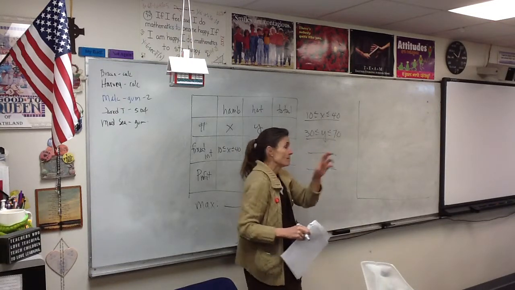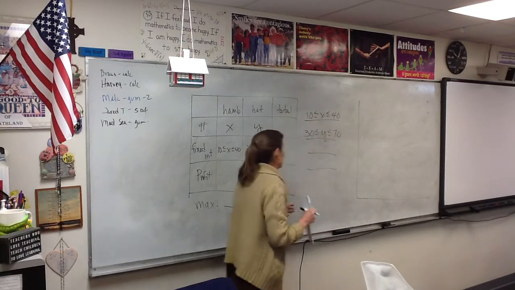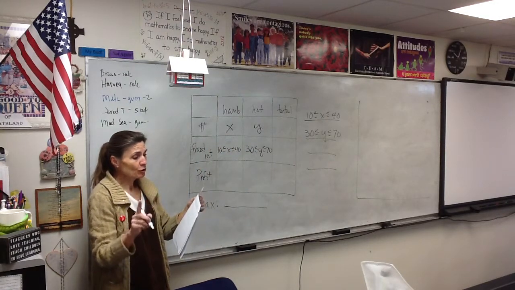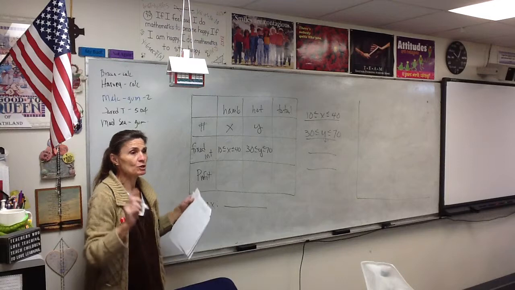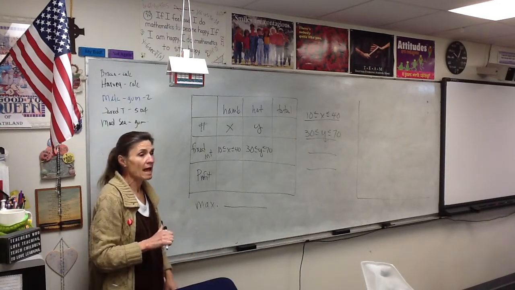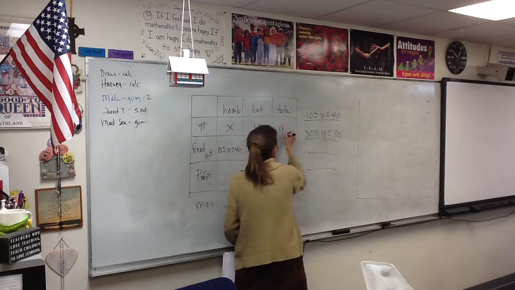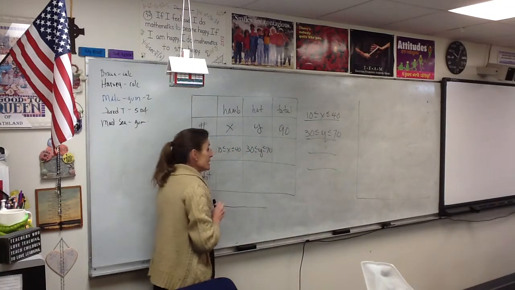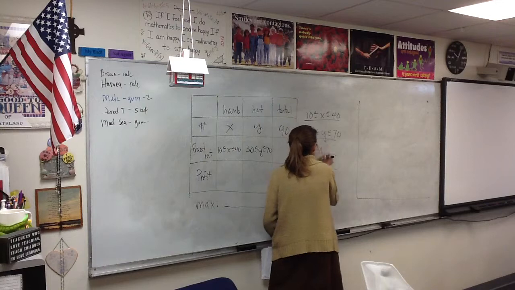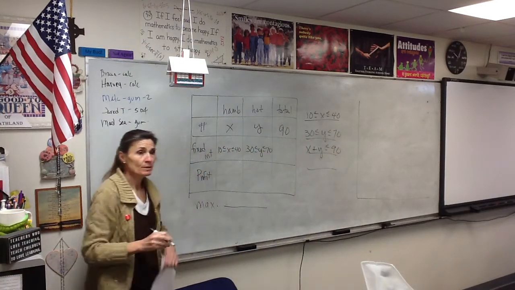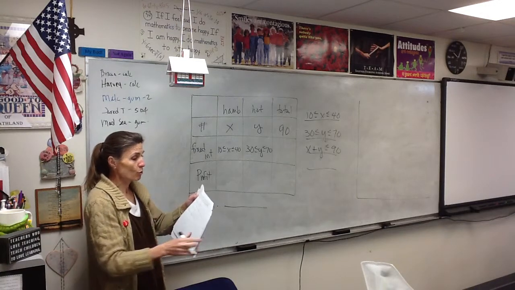Shaded bars, vertical and horizontal. It cannot cook more than 90 sandwiches altogether. What's that? The total number of sandwiches is 90. X plus Y has to be less than or equal to 90, because you can't cook more than 90.